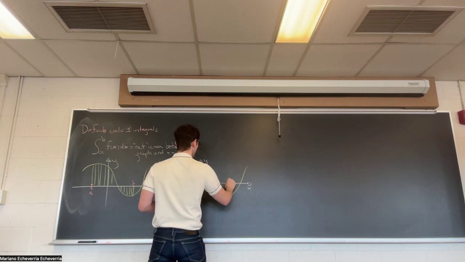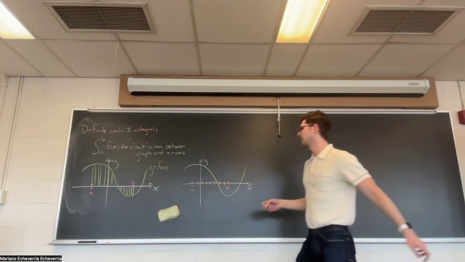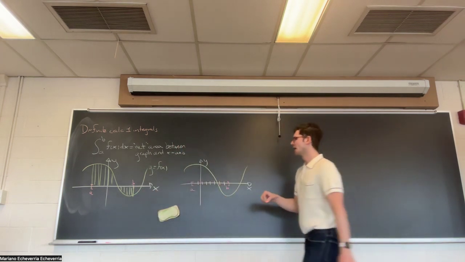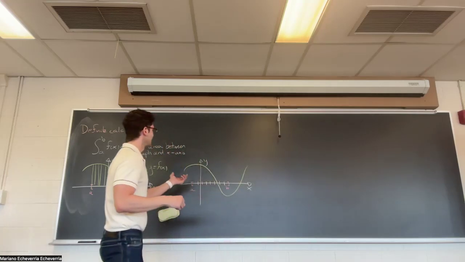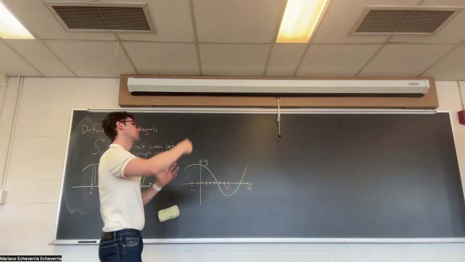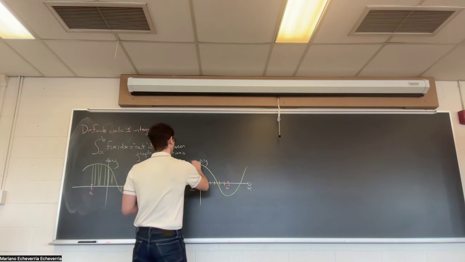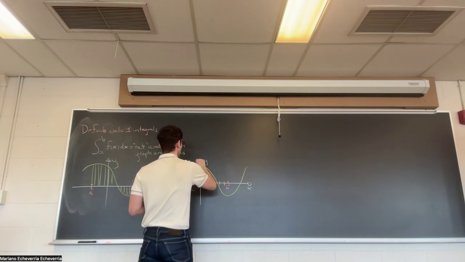They could be of the same length, but that's not necessary. And then, on each subpiece, you build a rectangle whose height is maybe the left endpoint of the graph or something like that. So if you have something like this.